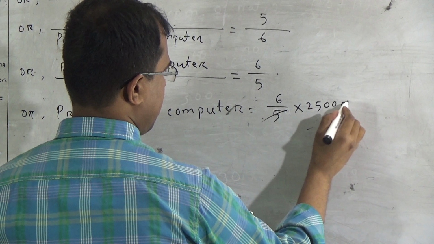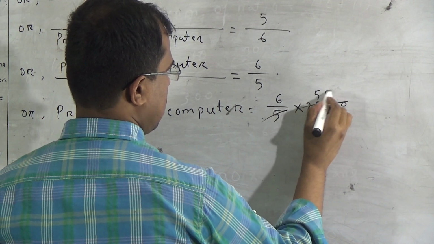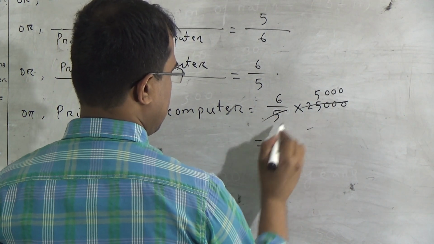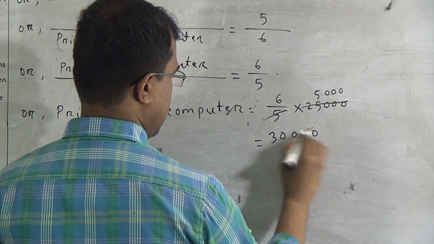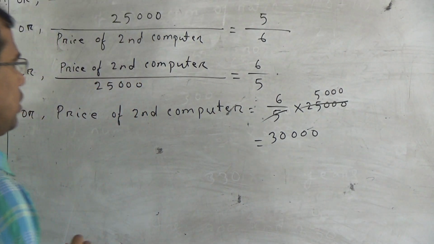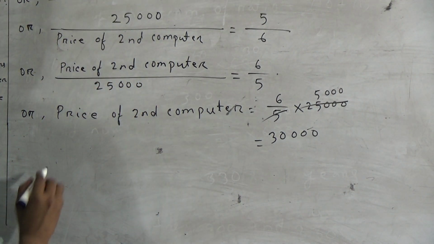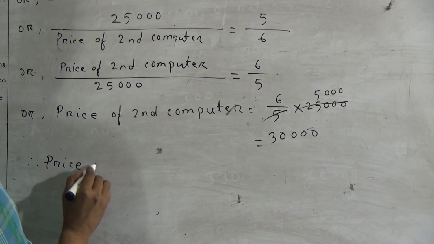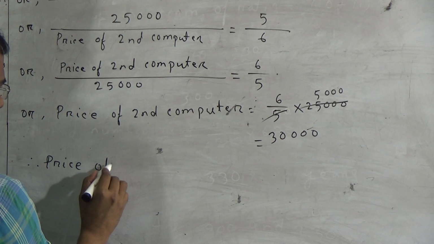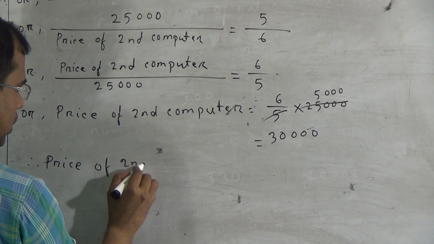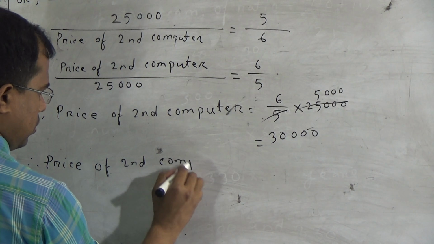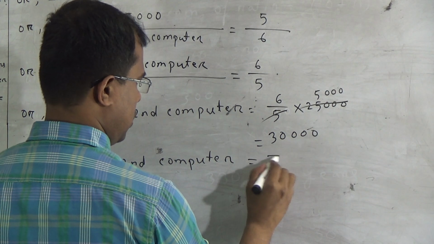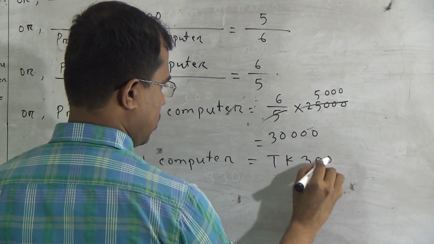Now 5 5s are 25, and another 3 zeros we have to write. This is equal to 5 6s are 30, 30,000. That means the price of second computer is TK 30,000. Therefore, price of second computer is equal to TK 30,000.